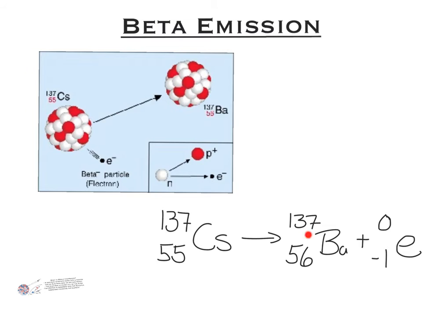Our atomic mass doesn't change because we took a neutron and replaced it with a proton. So that doesn't give us a gain of anything for our atomic mass. However, we gained a proton, so the element is now barium, because we went from atomic number 55 to an atomic number of 56.